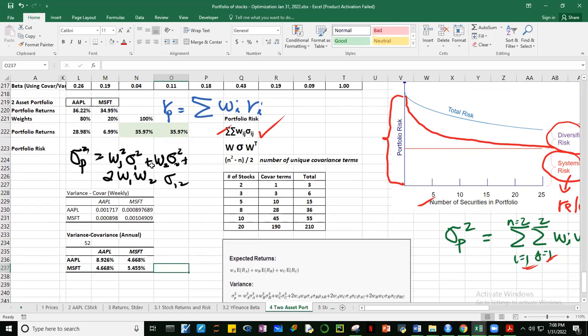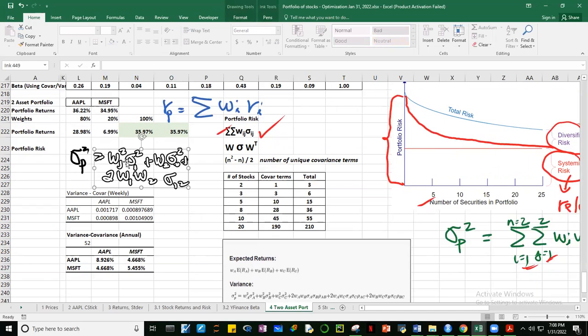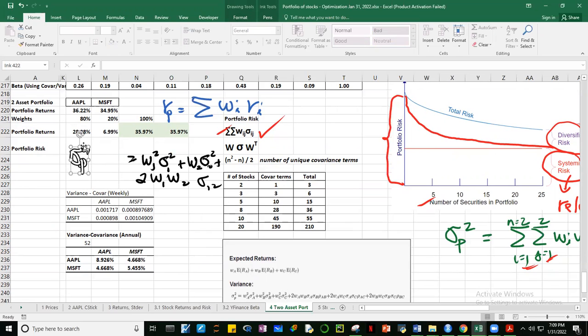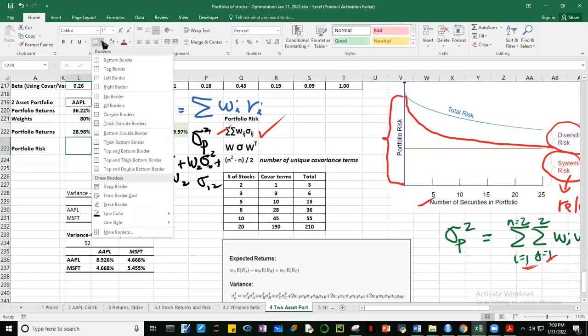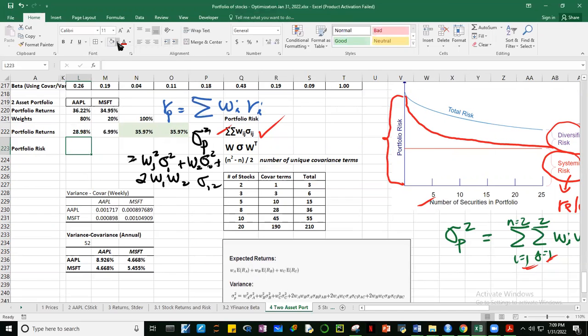Okay, so let's now compute for our portfolio. I'll just put this here. Portfolio risk. So what's the formula for our portfolio risk?